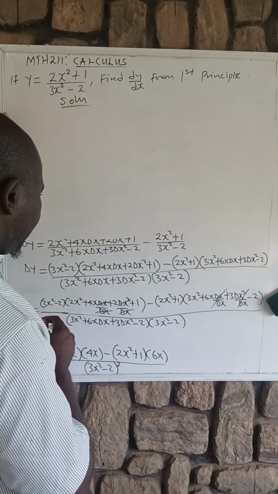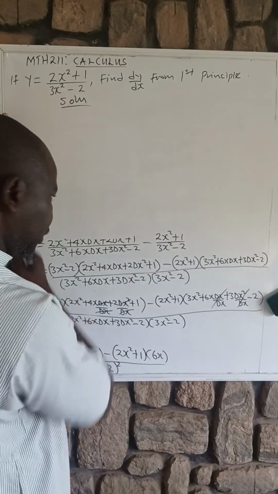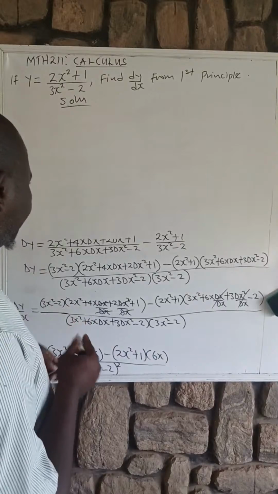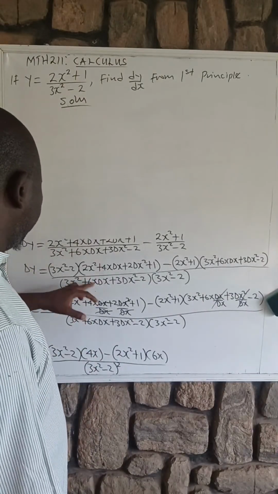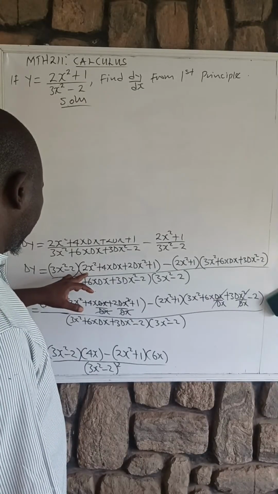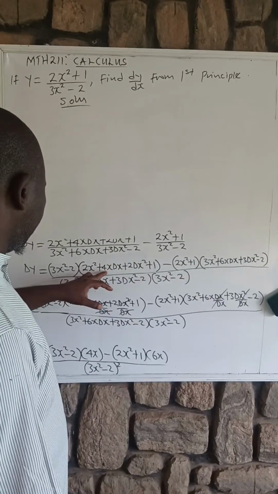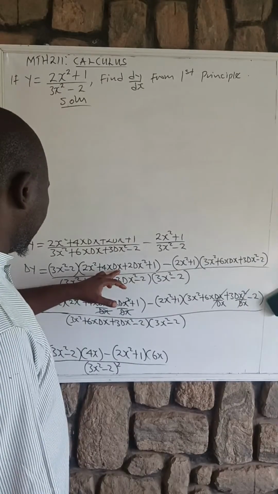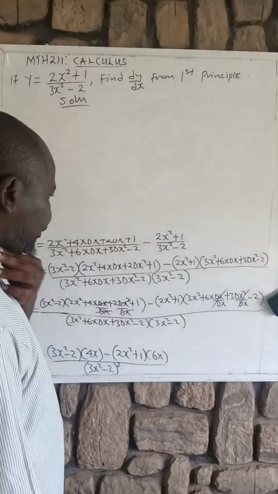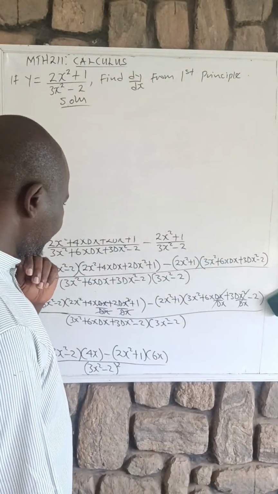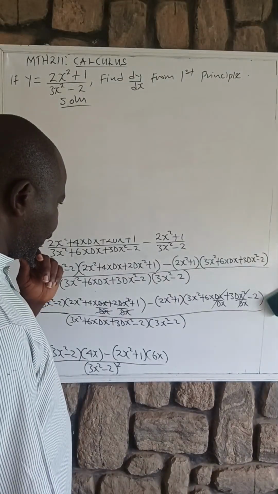Okay, after multiplication, this is what we are supposed to get, right? Yeah. 2x squared plus 4x dx plus 2 dx squared plus 1, right? Okay. So far, so good.